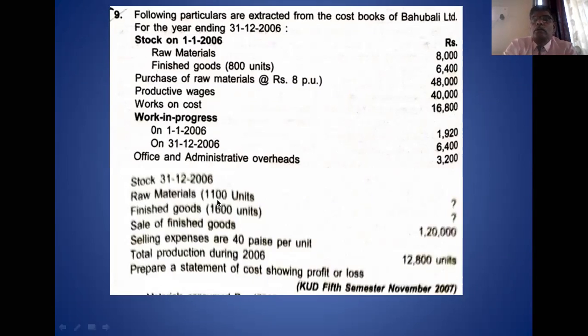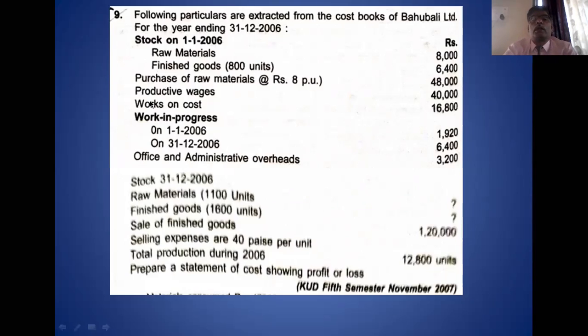Raw material units at the end are 1,100 units. Value is not given, so what is the cost of raw material per unit? You will get it in the raw material purchase.